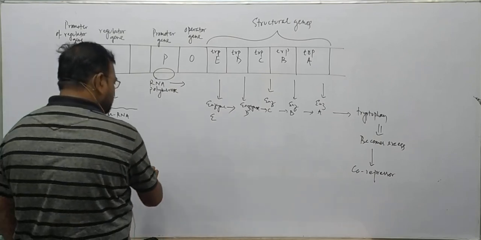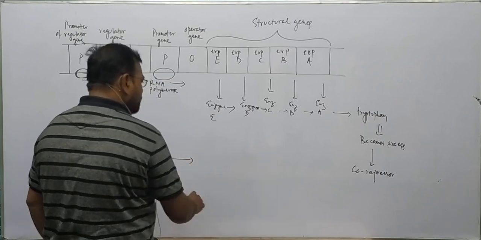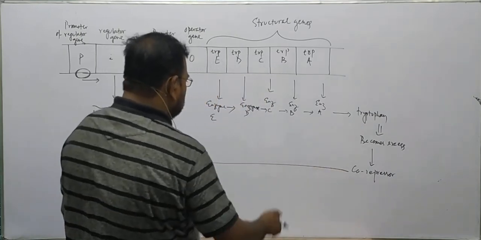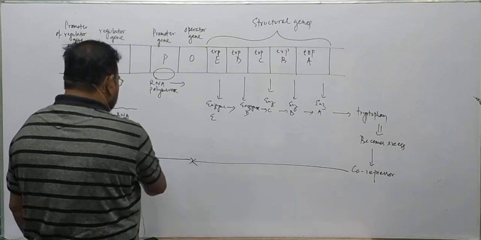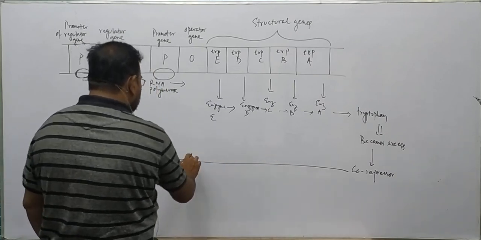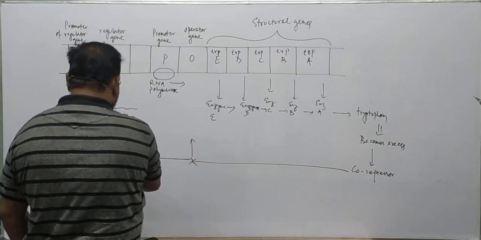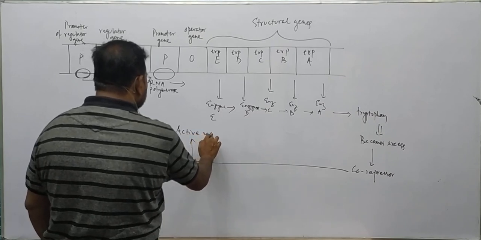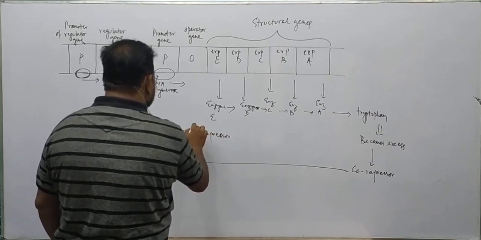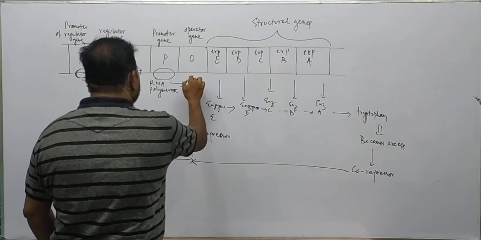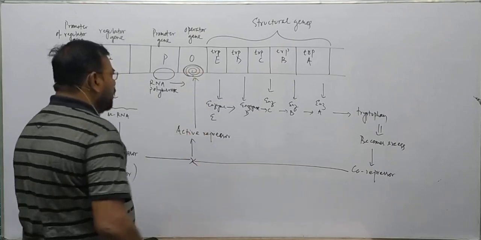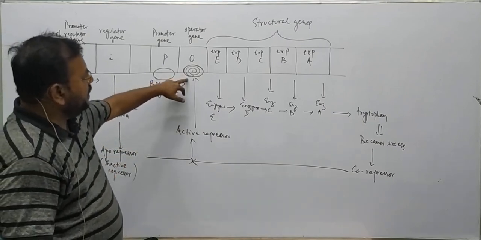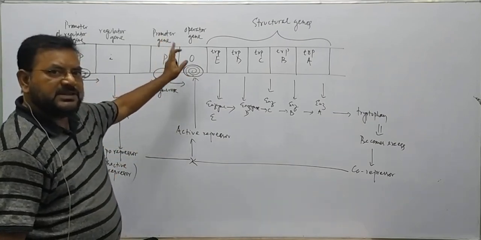And this aporepressor and co-repressor will be combined. So the co-repressor will activate the aporepressor, so that this aporepressor becomes the active repressor. And this active repressor will bind to the operator, so this trp operon becomes switched off.